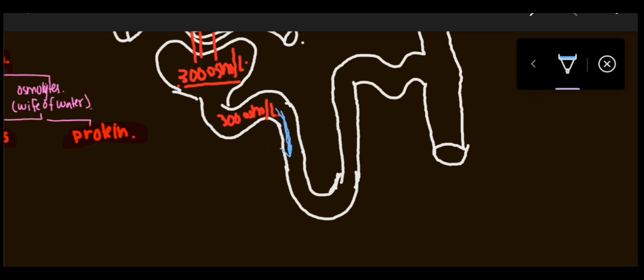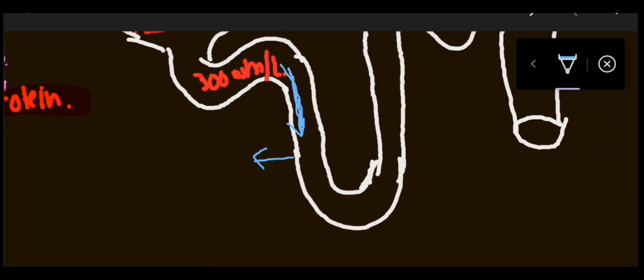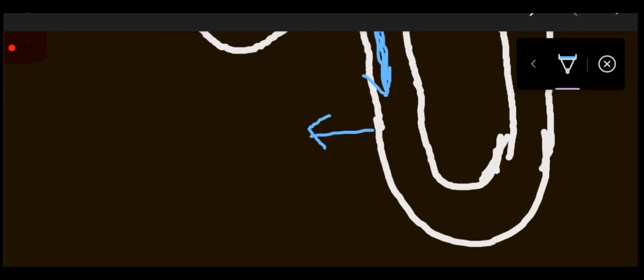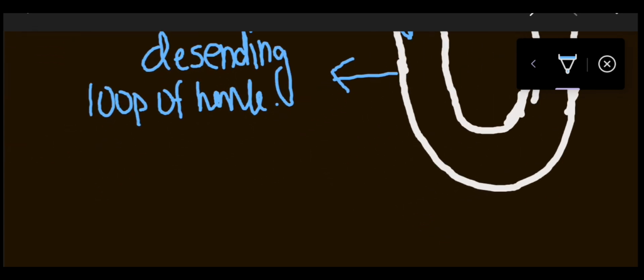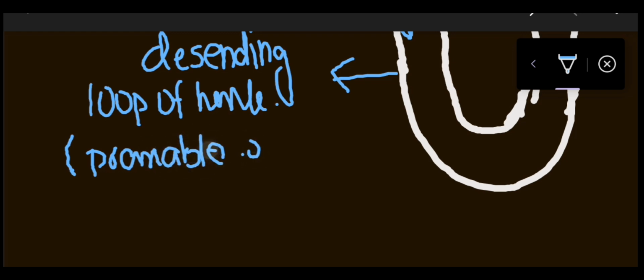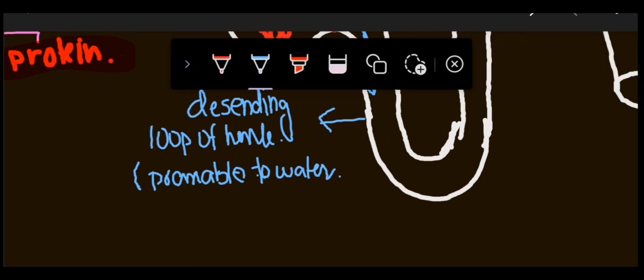But now here you can see, going down, this is the descending loop of Henle. This descending loop of Henle is permeable to water and not to ions. So through this layer, more and more water will be released.